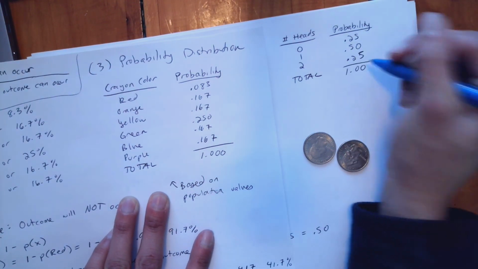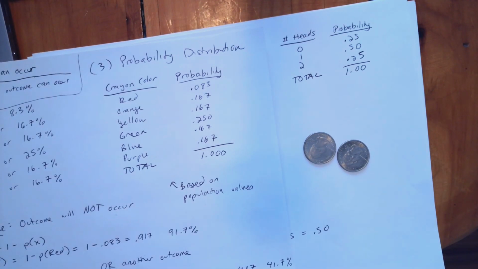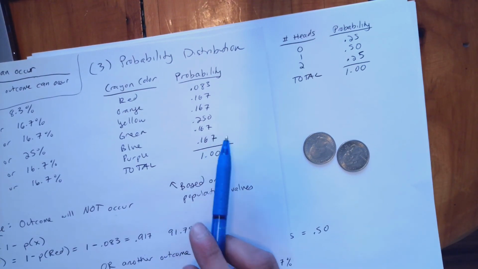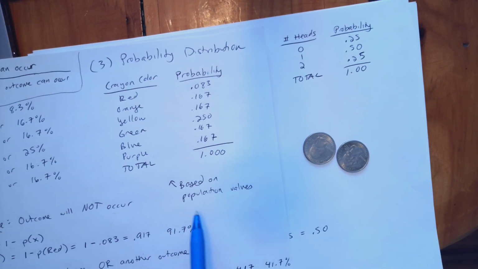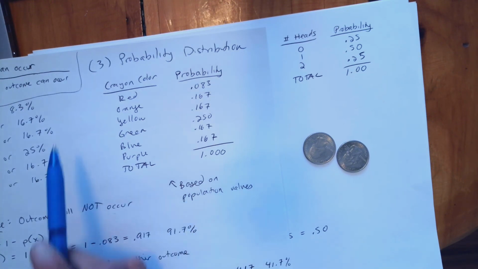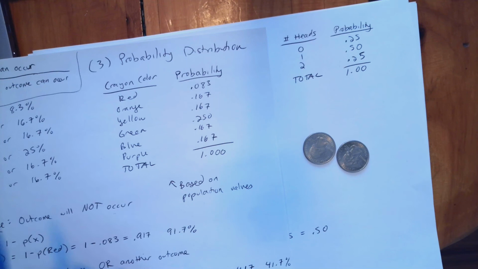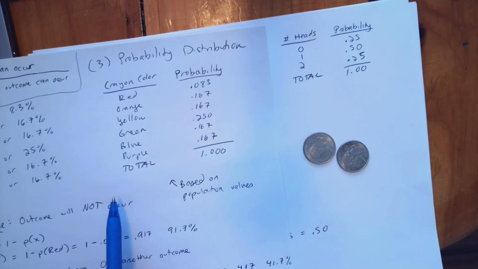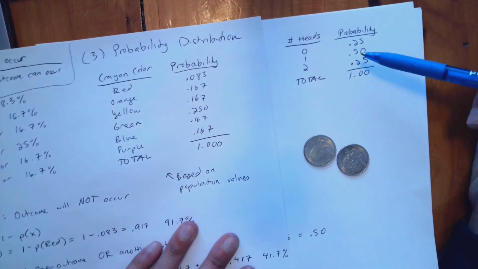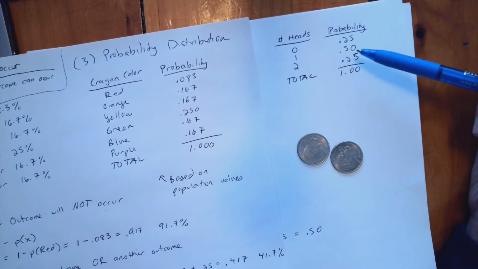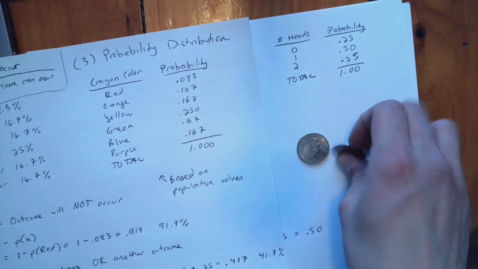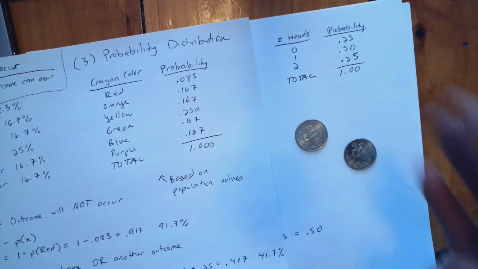And the difference between these two is that with this one, we found these probabilities by looking at the actual number of outcomes we have for each of these, and then the total number of possible outcomes we had. With this one, we calculated these probabilities based on what we knew about how the coins worked and what we know about how to calculate probabilities.